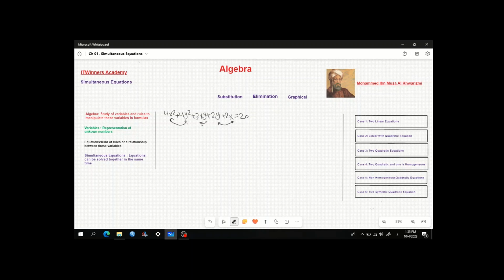Okay, now how can I solve it? For example, take these two equations: x squared plus y squared plus 3x plus 3y equal to 8, and xy plus 4x plus 4y equal to 2.